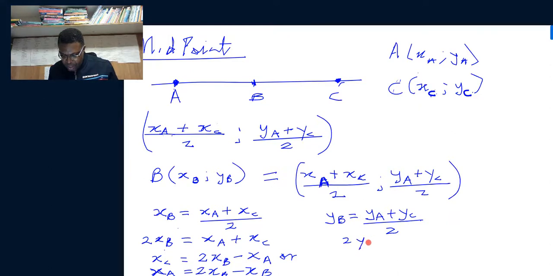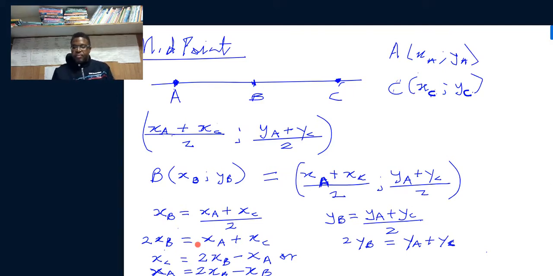Similarly here you are going to have the same thing. 2YB is equal to YA plus YC. I want you to show me how you would calculate YC. Make YC the subject of the formula, and then also make YA the subject of the formula. I want to see if you can do it like I've done it here. These are the tricks that you normally get.